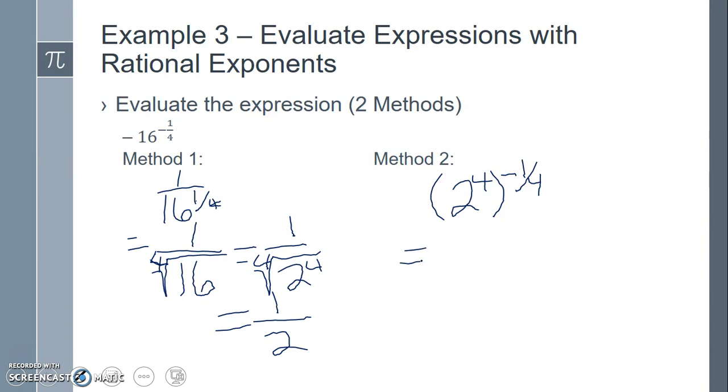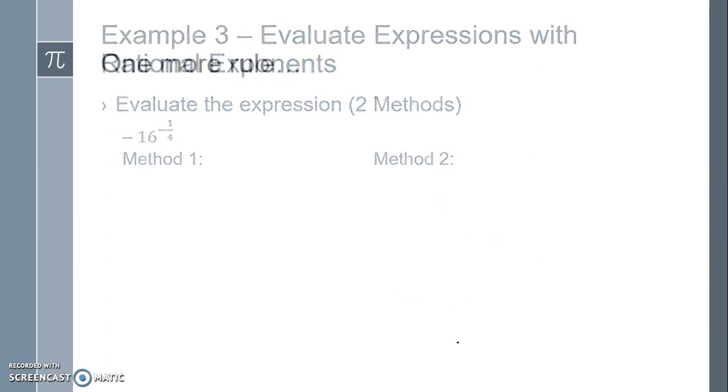So we do 4 times negative 1/4, which equals negative 1. Then our last step is to get rid of the negative exponent, because we don't want any negative exponents. We bring it to the other side of our fraction bar, which gives us 1 over 2. And there you go. So I can move on.